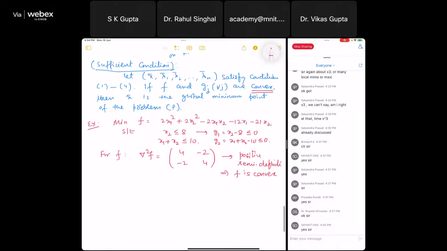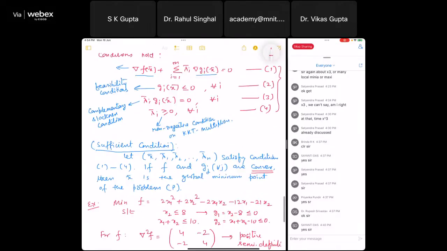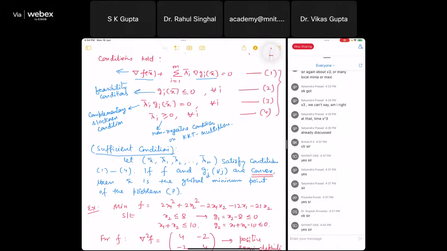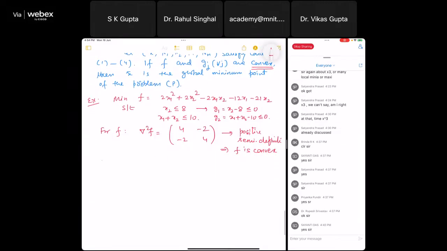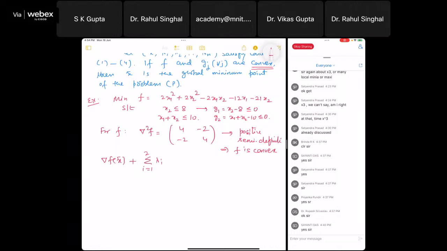So now the only thing we have to do is see all these four conditions, right? So the first condition is what? Gradient of f at x bar plus summation i from 1 to m, here m is 2, the number of constraints is 2, lambda i gradient of gi at x bar equal to 0. What does it mean?